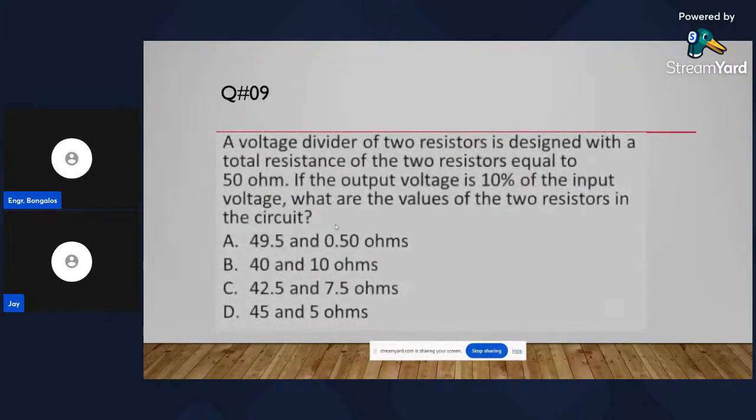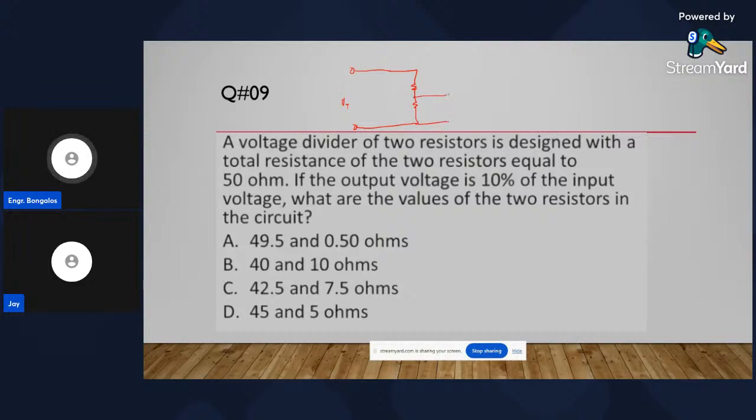Okay. So, sa case na to, sulat ulit tayo ng circuit. Sabi daw, let's say ito yung V total natin.